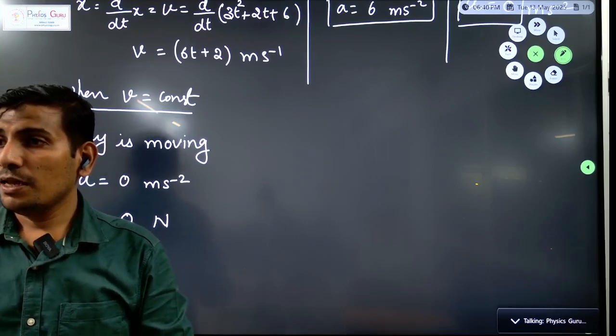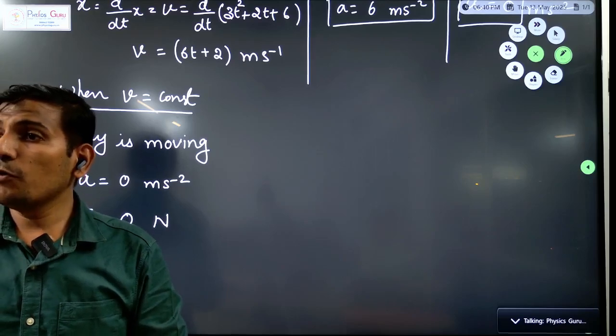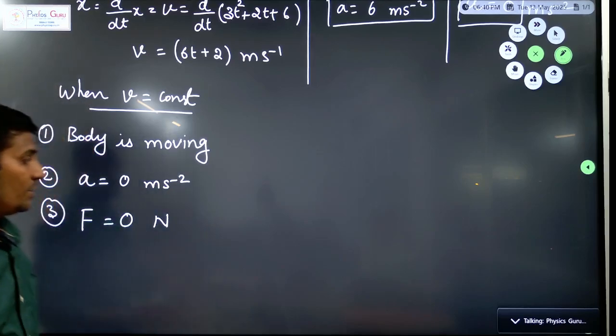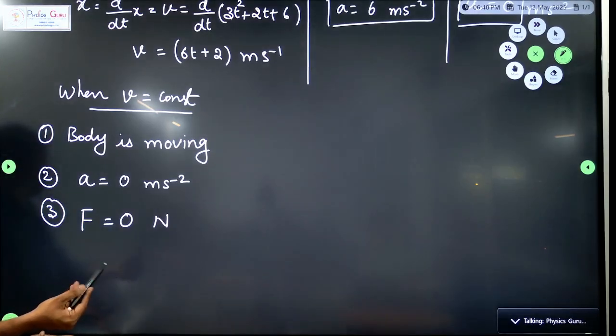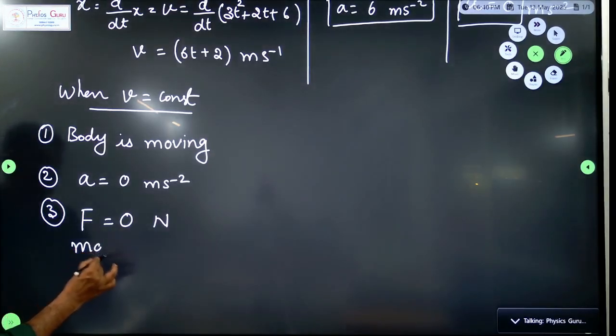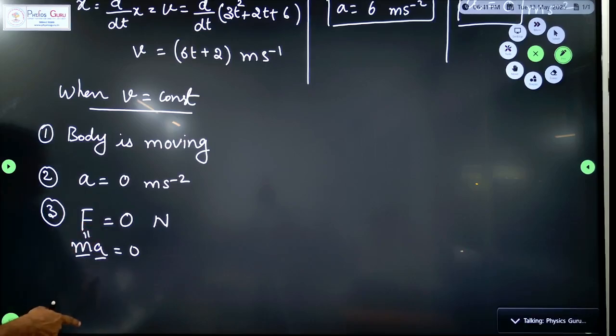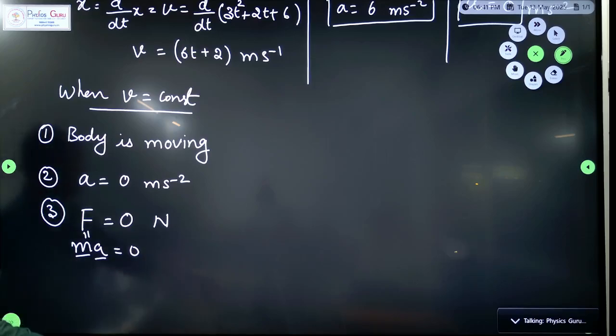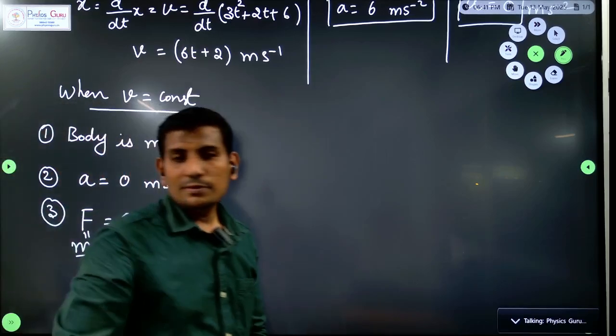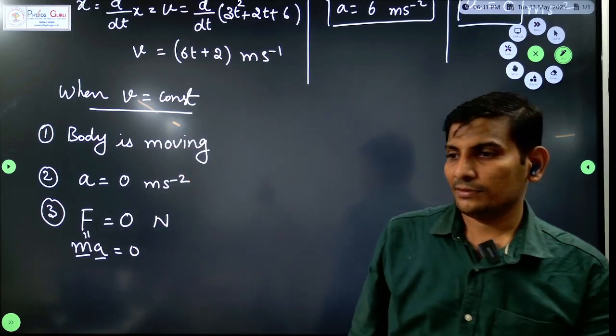That means as of now, no force is acting on it. F is equal to 0. Why is F equal to 0? Because F is equal to ma. The body has got a mass, but it doesn't have any acceleration, so net force is equal to 0. Am I right?